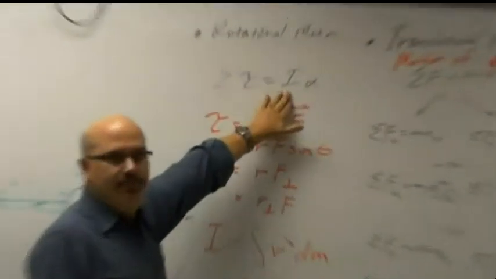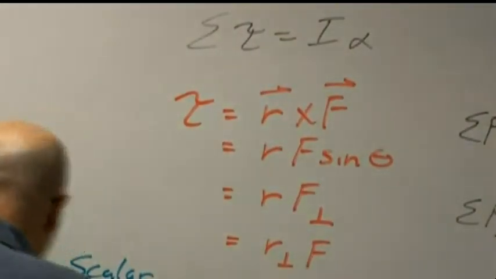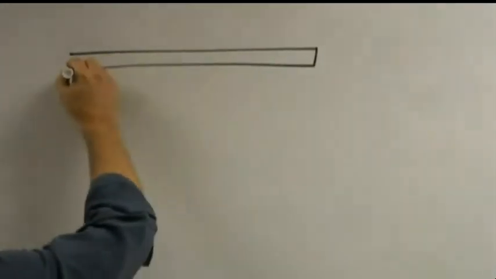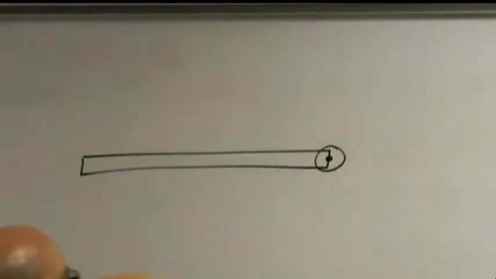Now, all of that is just set up for being able to figure out this problem right here. So let's solve our first one. Those of you that were here last time have already seen this, but it's a good one to redo. Let's say I have a pivot point right here.